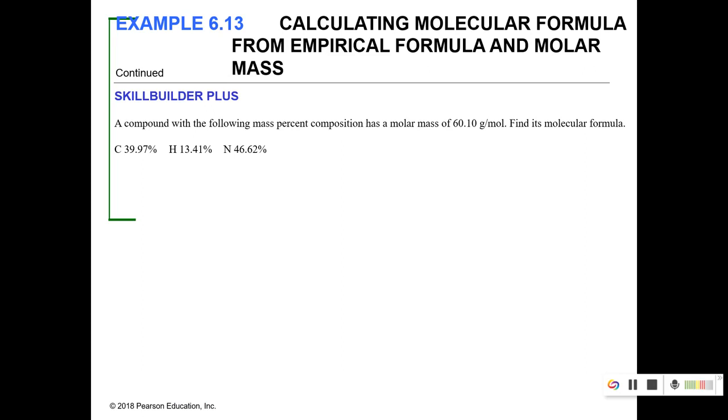Occasionally, they don't give you the empirical formula. They do give you the molar mass, like I said they would. It's always going to give you that. But here we have to find the empirical formula first.